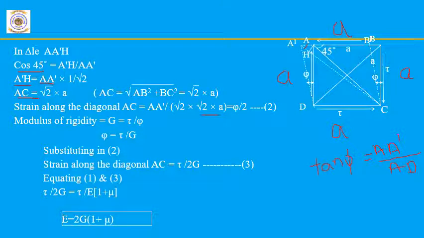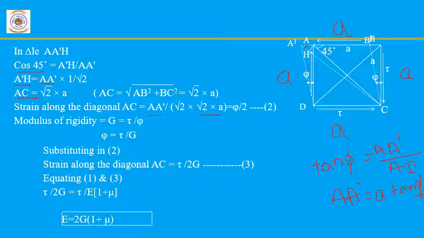So AD is nothing but small a, therefore A dash can be written as small a into tan phi. So in place of A dash we are substituting a into tan phi. So a gets cancelled. Therefore tan phi divided by 2. If phi value is very small, we can write phi divided by 2 in place of tan phi divided by 2. Call this as equation number 2.